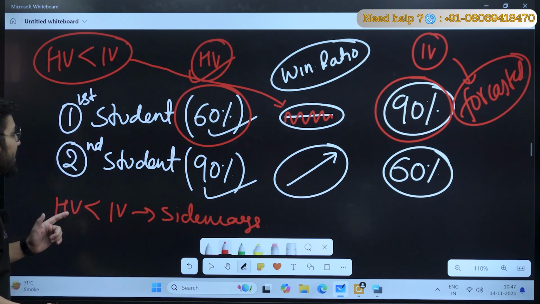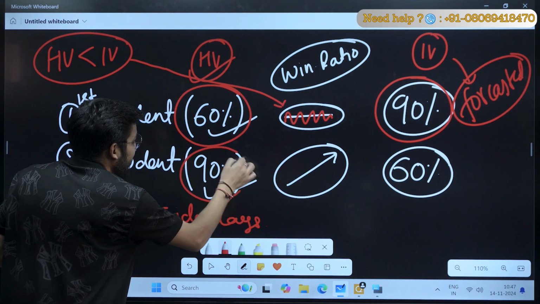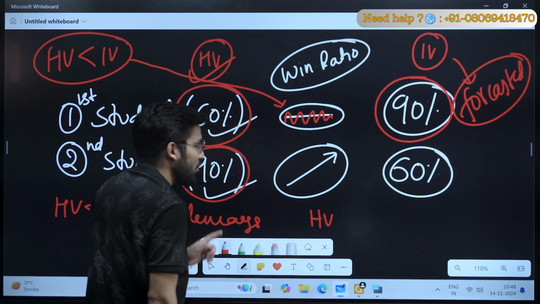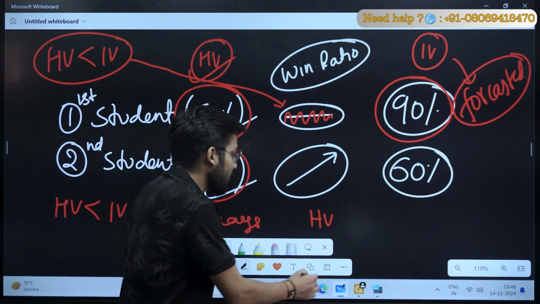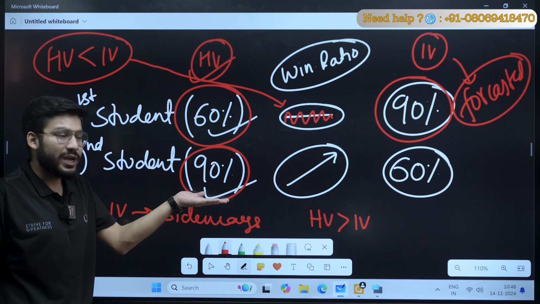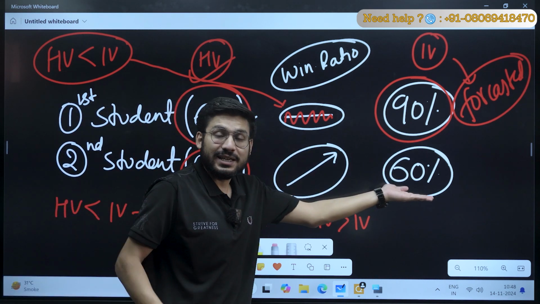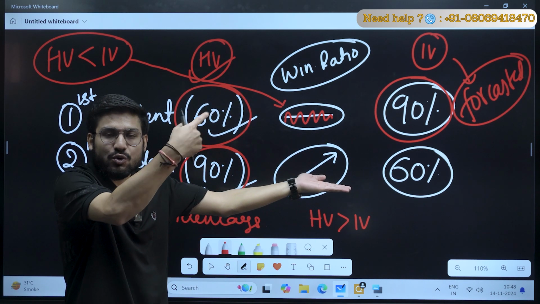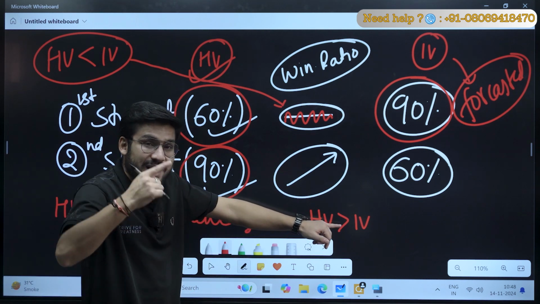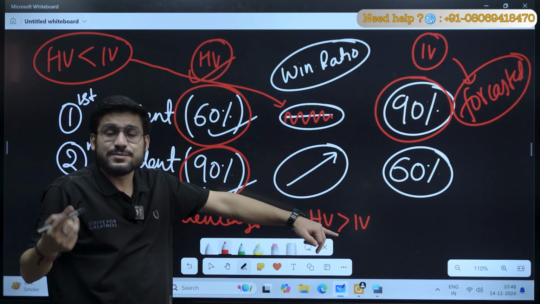Now similarly, when my historical volatility is greater than my IV, it means the past performance was good, and now we are predicting that the student cannot score that much. So we are undervaluing him, which means the market has the capability to go more, it has more momentum.